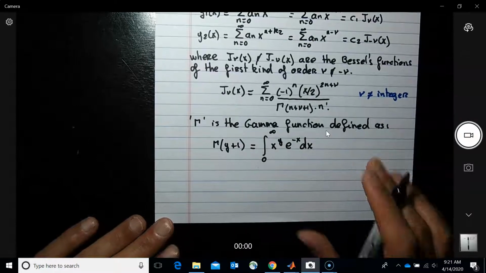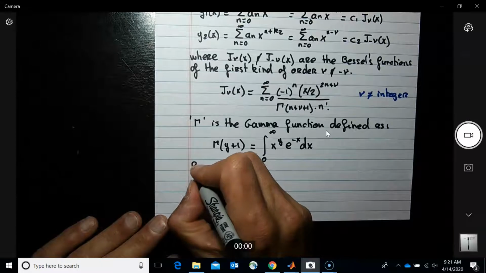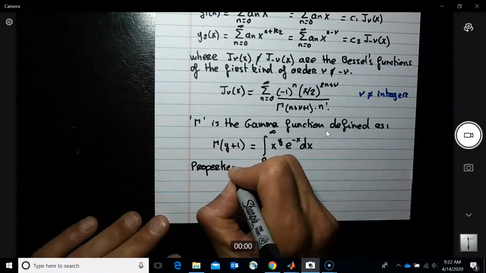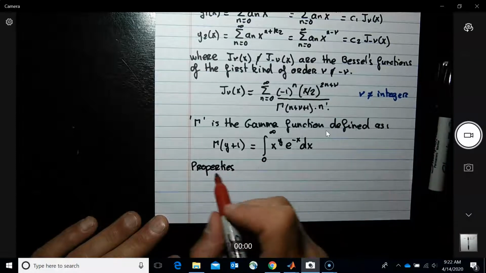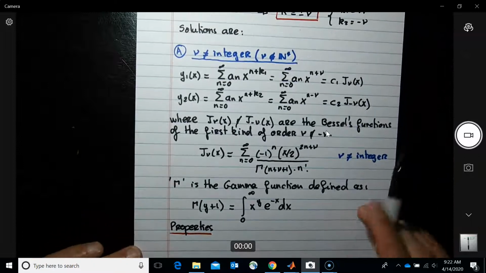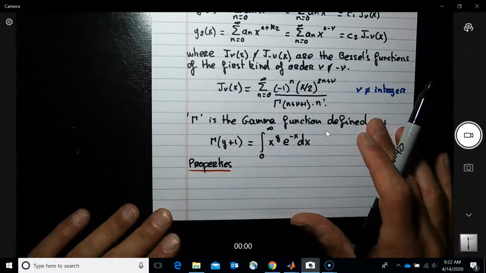Okay, so this gamma function has some properties. But again, you don't really need to know all this stuff because the program, or some tables, will give you right away the value of these functions. Okay, as I will show you in a second.